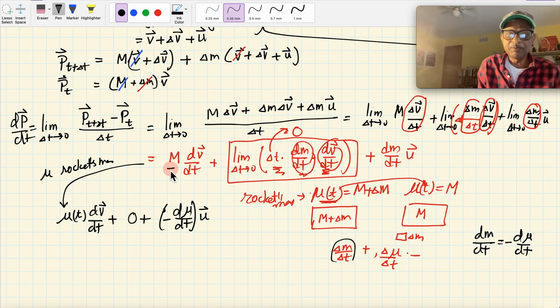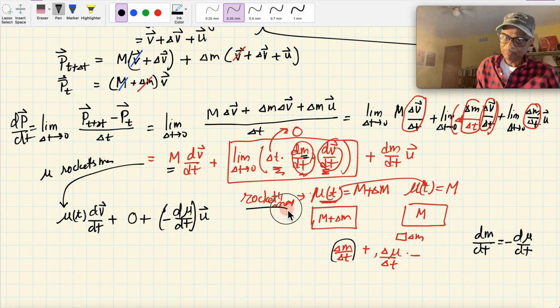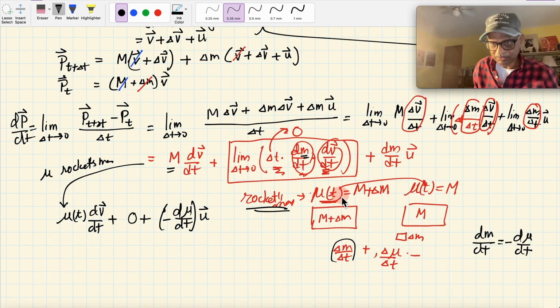So there are lots of big M's here and little m's here. That's pretty confusing in the treatment. At this point, I say, let's invent another symbol, so we keep track of what the mass of the rocket is at any time. And this delta m is infinitesimal, so it can always be made as small as you like for your argument. So delta m does not have that big a meaning.